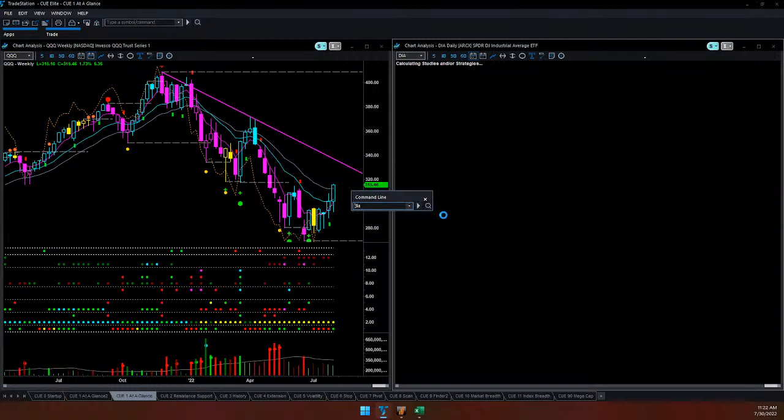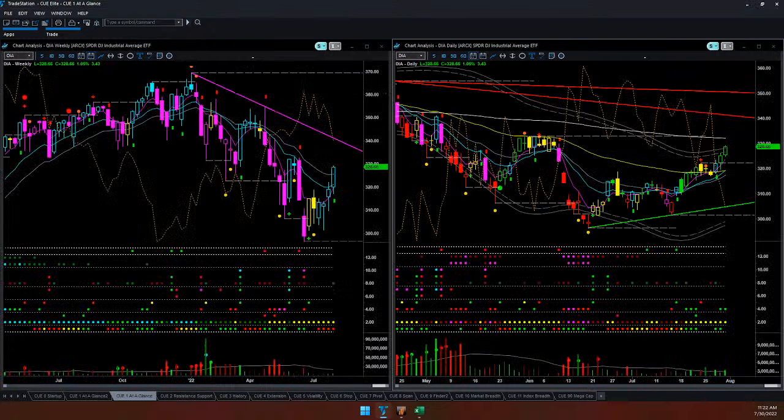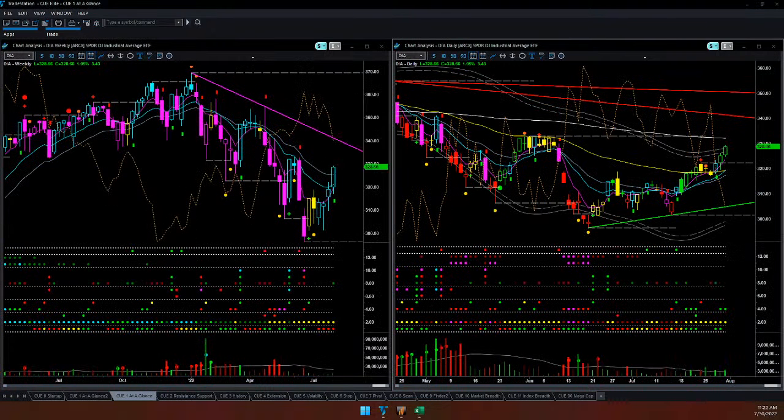Dia, same picture. We were here last weekend. I was not bullish. Price came down for first 2 days. Then on Wednesday, once again, we had a bullish flow. Price regained the yellow direction line.